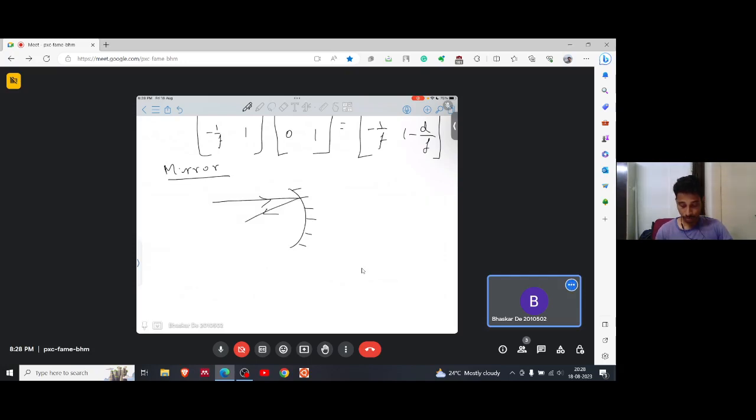So there is no separate input and output, or you can say the input and the output are on the same side of the optical element.